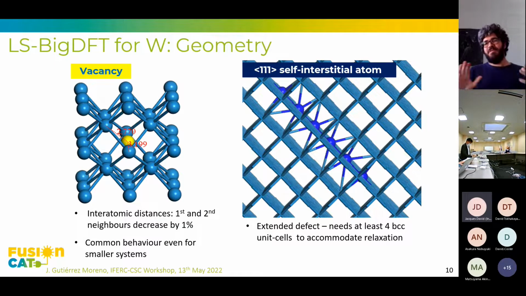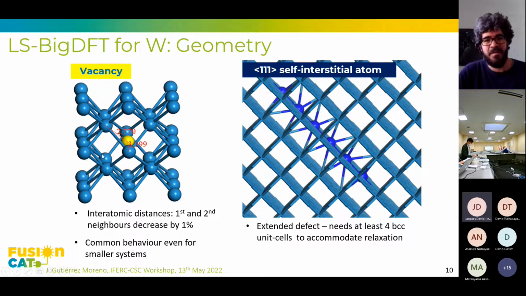As you know, we are not working on perfect BCC tungsten, but we also account for the formation of defects and their stability. Here we have studied the two most typical defects that form in tungsten, which are vacancies and interstitials. For a vacancy, you take a cubic periodic cell and remove an atom from the center of the cell. Here we observe that this does not have a very large effect on the structure, but still has some.